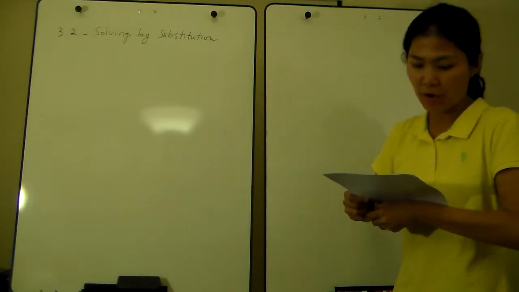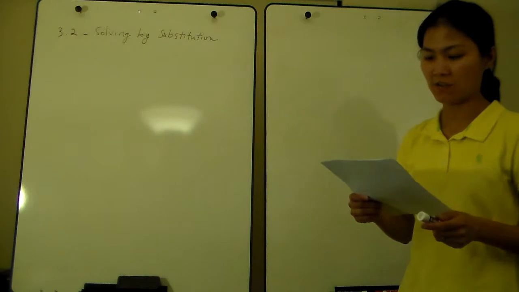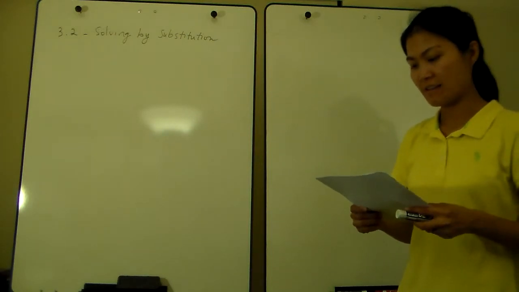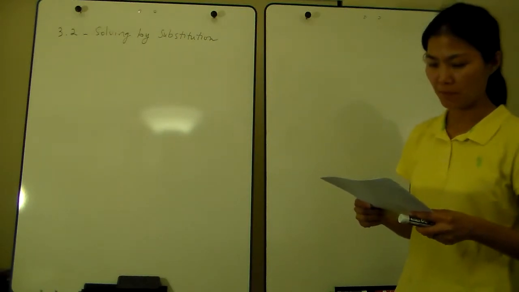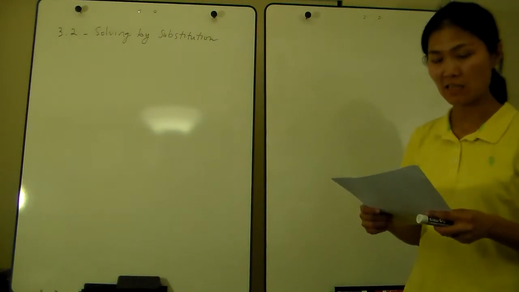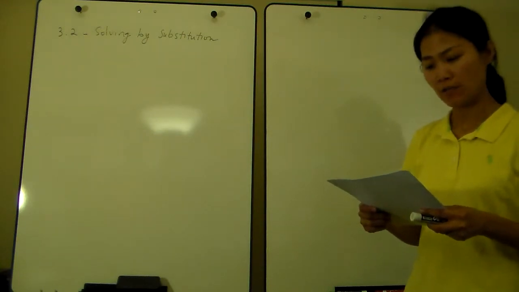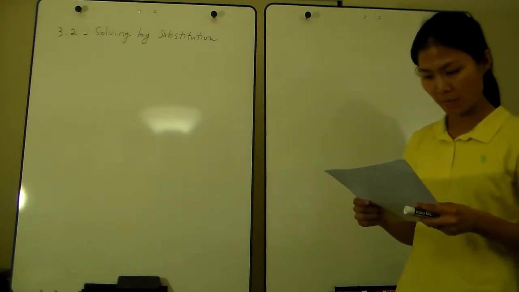If a false equation is obtained, such as 0 equals 7, then the system has no solution. The system is inconsistent and the equations are independent.